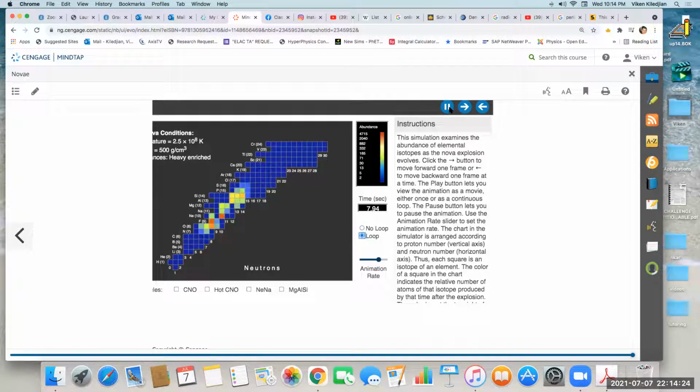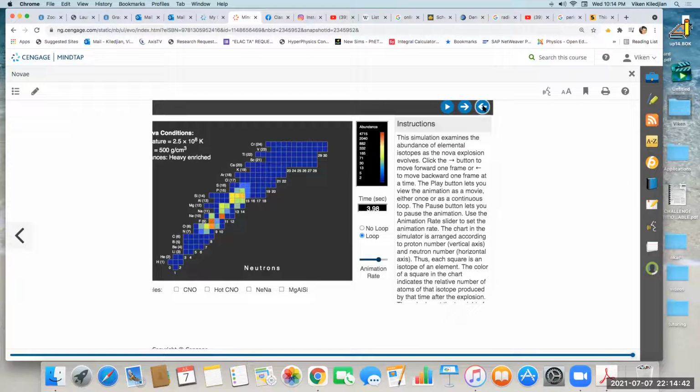See, it's looping to almost 1,000 seconds, then it's coming back to the beginning. Okay, now can I go a step at a time? Oh, there you go.